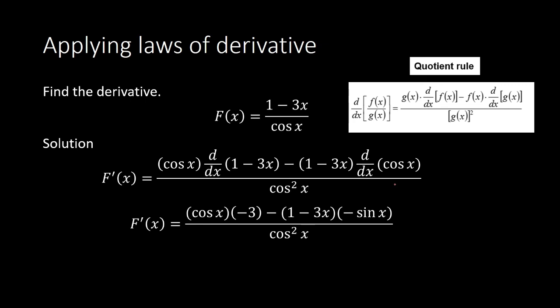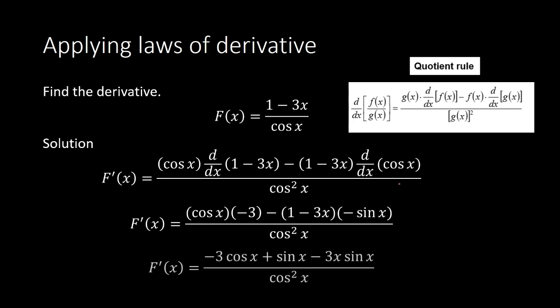Simplifying, f prime of x is equal to negative 3 times cosine of x, minus negative, it's going to be plus, and then we distribute sine of x to 1 and negative 3 times x. So it becomes sine of x minus 3 times x times sine of x, all over the square of cosine of x. This is just the application of your quotient rule.